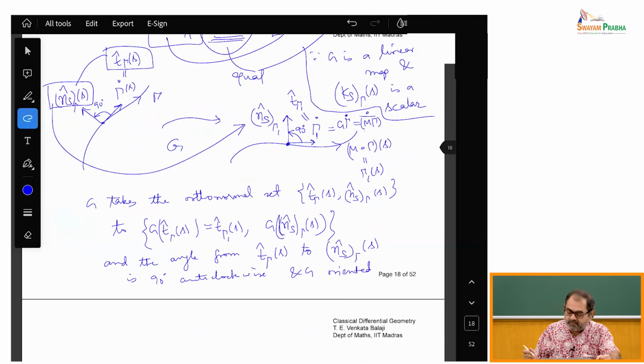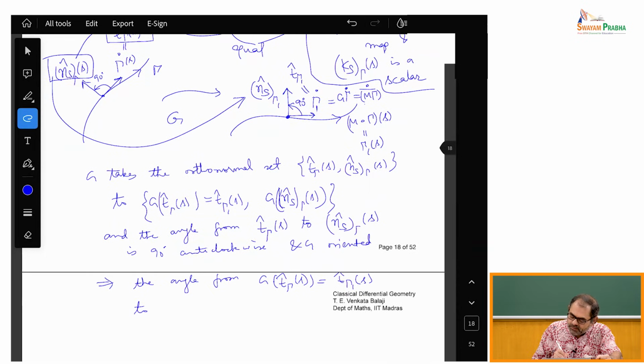It is easy to check that such a g will be a rotation, okay, and g oriented will imply that the angle from g of t cap gamma of s, which is t cap gamma 1 of s, to g ns cap sub gamma of s is 90 degrees anticlockwise.